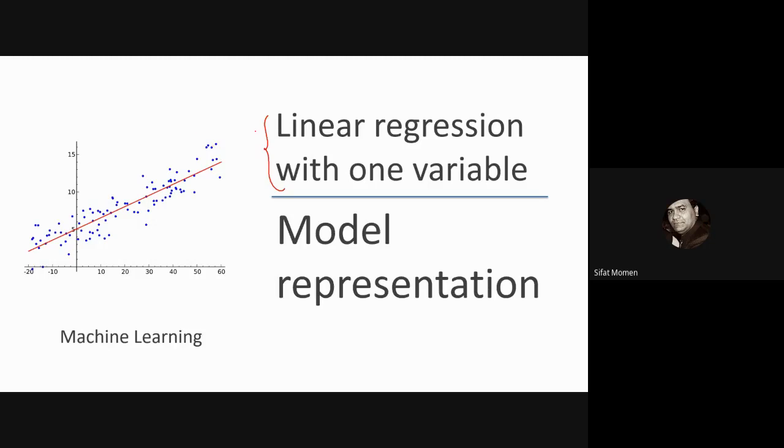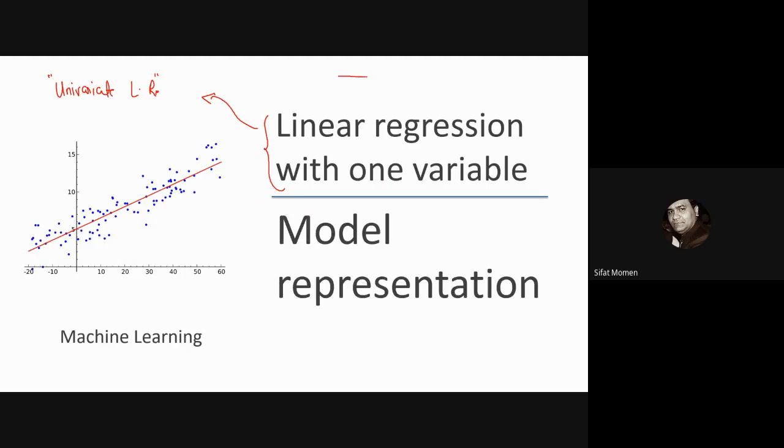A fancy term for linear regression with one variable is the univariate linear regression. Sometimes you'll see in many papers they write, this is an example of a univariate linear regression. What does that mean?